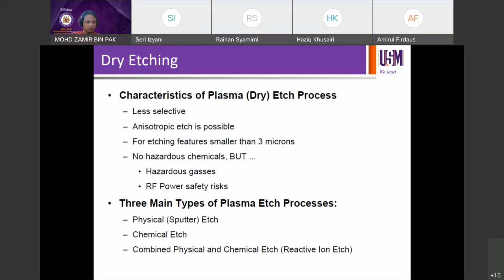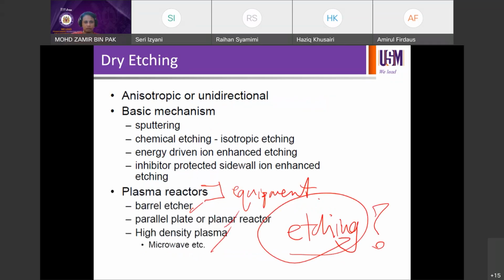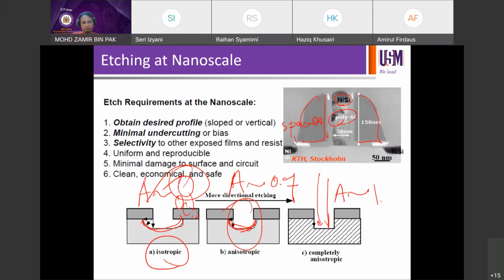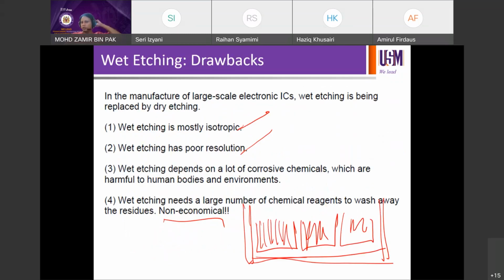For example, before I continue here, let me just finish off with wet chemical somewhere here. Okay, say if this is a real issue, katalah you supposed to etch say how much, 100 nanometer per minute.